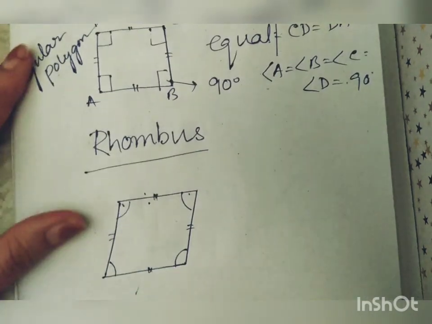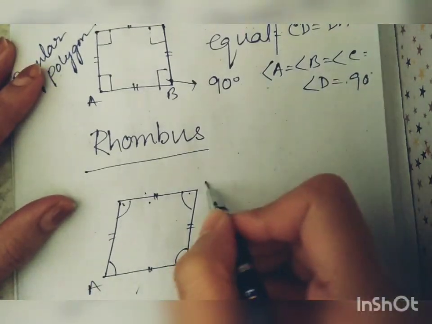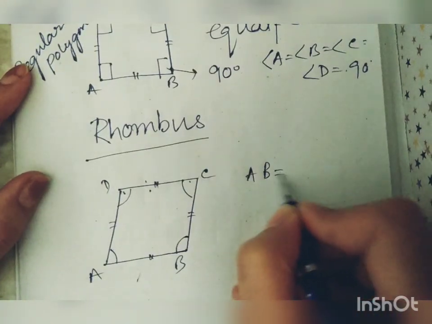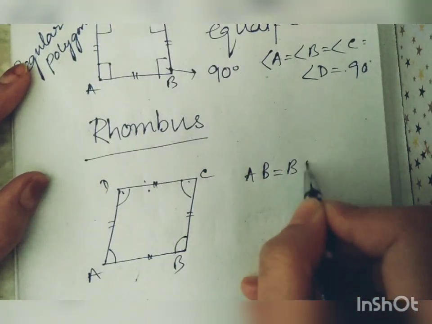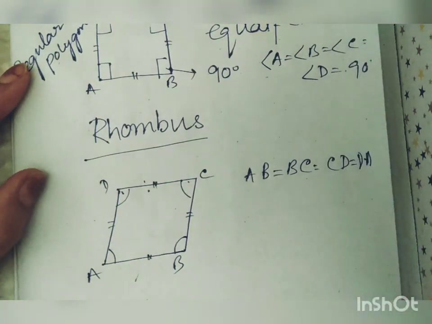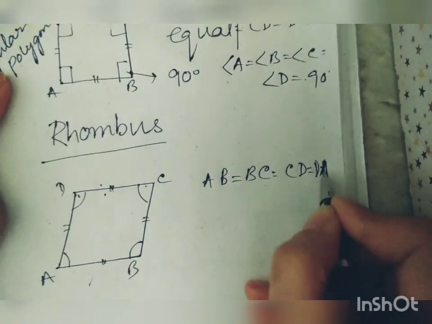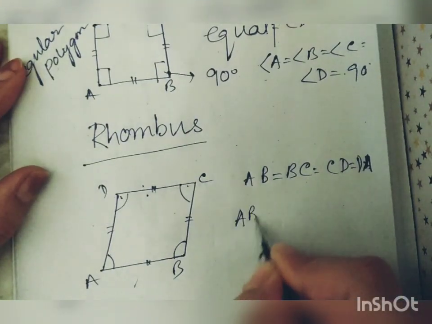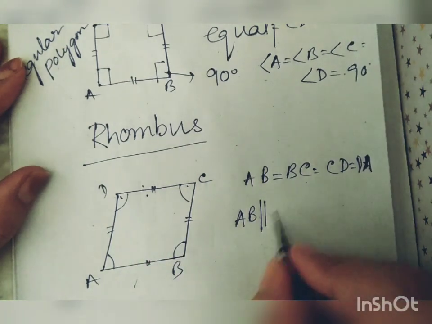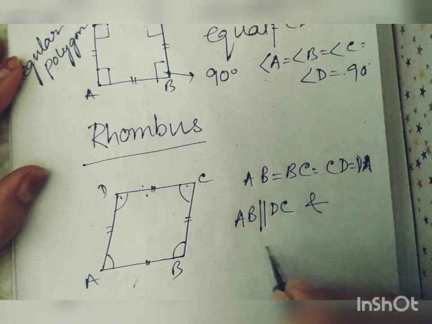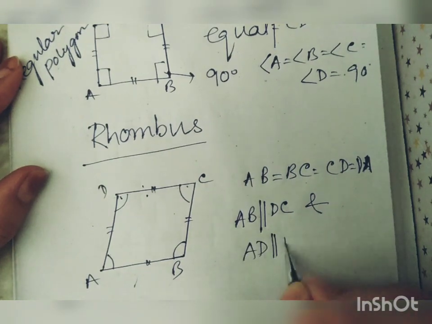In case of rhombus, let's give it a name ABCD again. So here also we can see AB equal to BC equal to CD equal to DA. Here we get all the sides equal in length, as well as all the opposite sides parallel, meaning AB is parallel to DC and AD is parallel to BC.